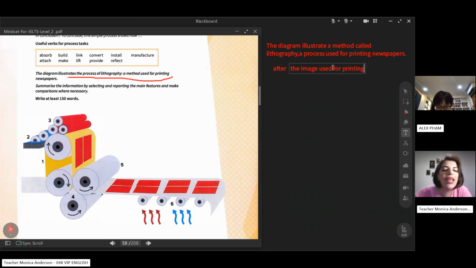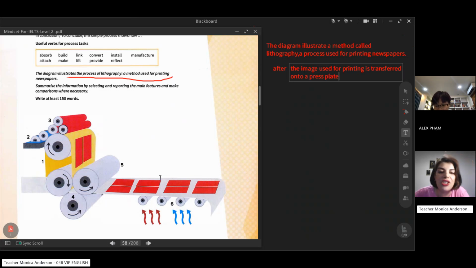printing, as you can see, is transferred onto a press plate. As you can see here, press plate. Let me write, is transferred onto a press plate.